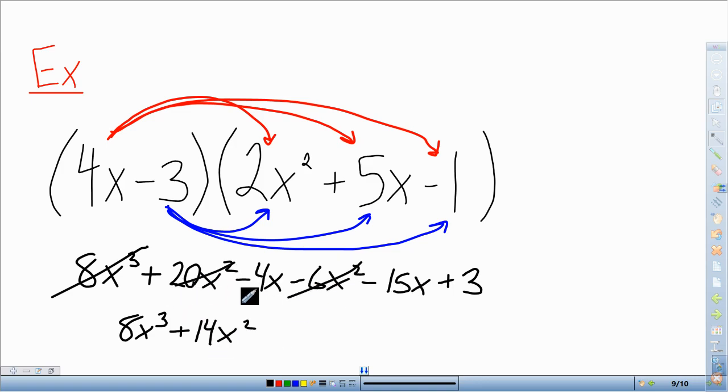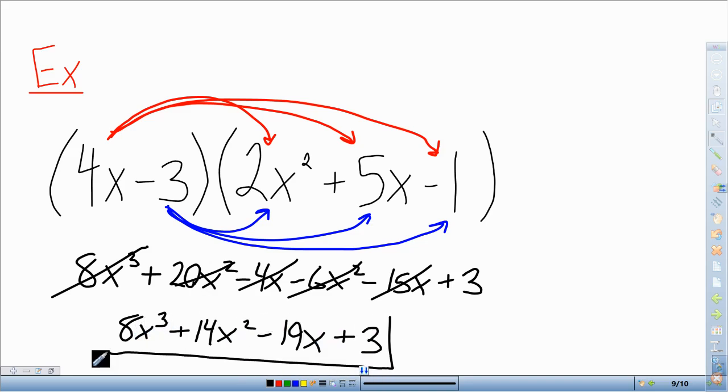The x's, we do have like terms here. Negative 4 and negative 15 combine to get a negative 19x. Cross it out. And then last thing, we just have this 3 here, which, if you remember, is called a constant. But there's no other constants to combine it with, so it just comes down. Okay, and we can see no more like terms. My exponents are going from biggest to smallest, so we are looking good.